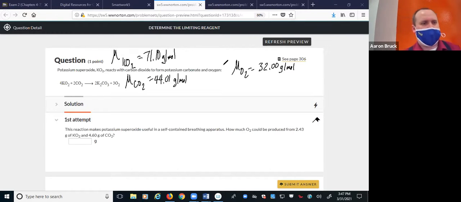So for the first one, KO2 is going to be 4 to 3. 4 KO2 to 3 oxygen.